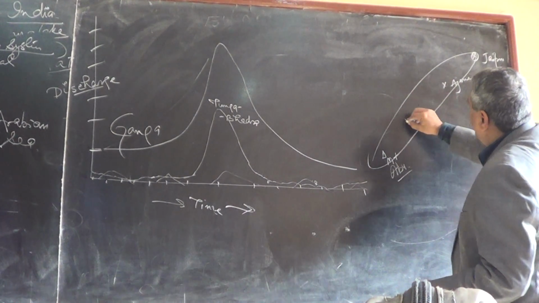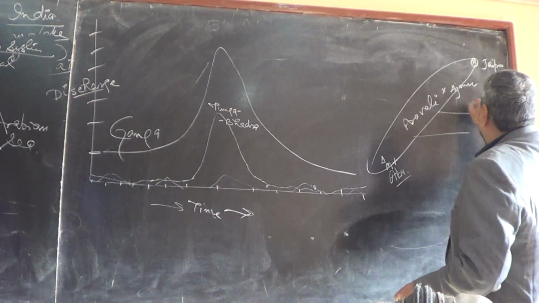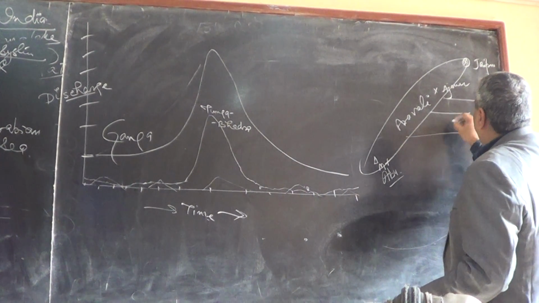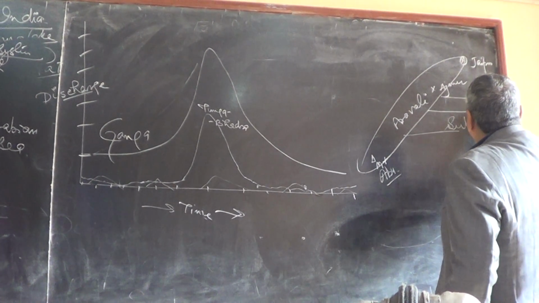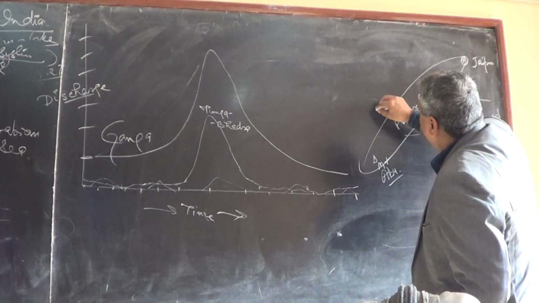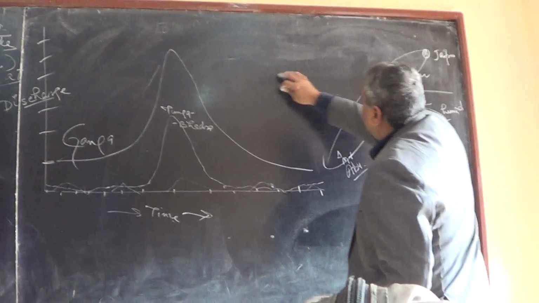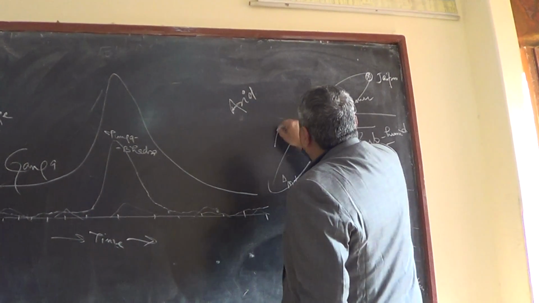This is Aravali, you can say. The east side of Aravali is a kind of sub-humid area, and this is semi-arid and this is arid. This is arid area and this is semi-arid.